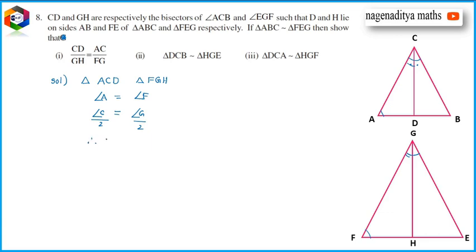Therefore triangle ACD is similar to triangle FGH.